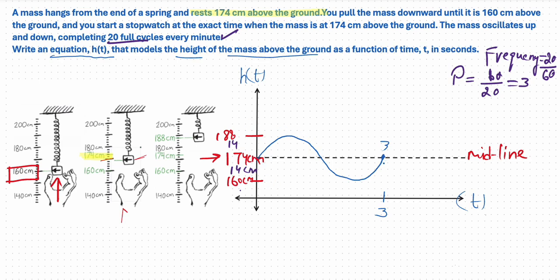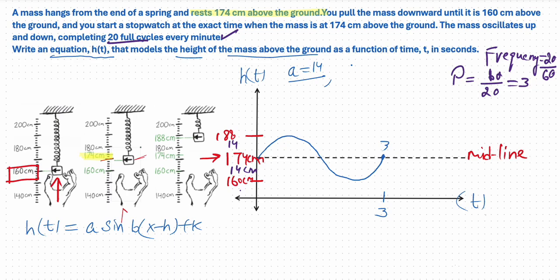It's a sine wave. And when we have a sine wave, how would you write the equation? The equation of this sine function will be a sin(b(x - h)) + k. Now you clearly know that a is the amplitude, and in this case the value of a is 14, because that is the difference between the different values. So a is 14.